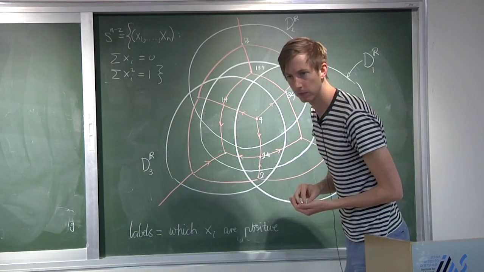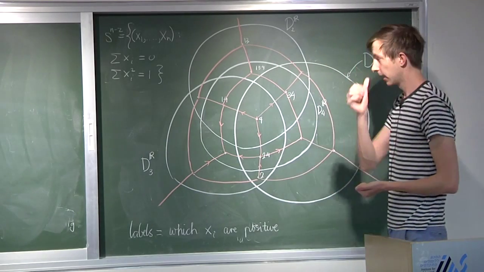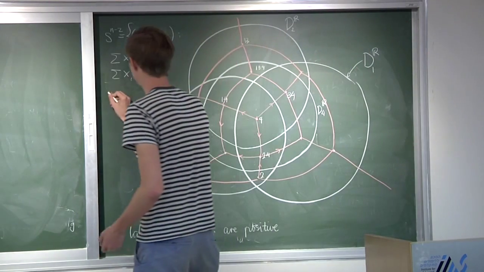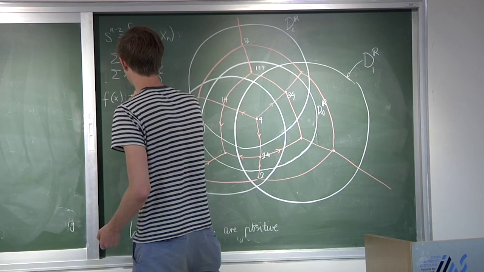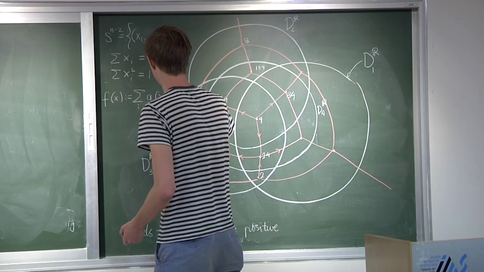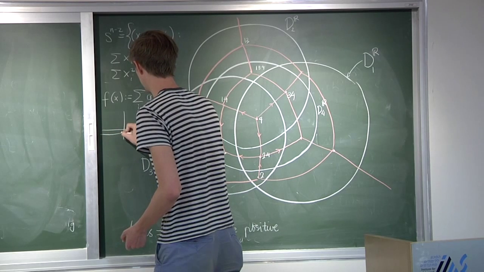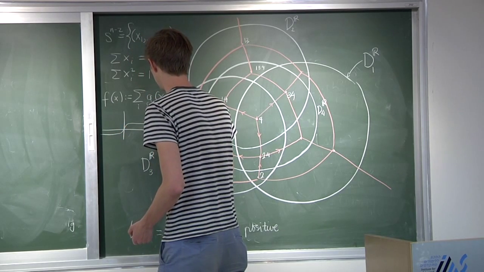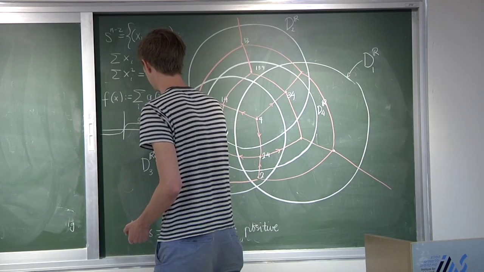Could you please give a short reminder about what the Morse function was? I remember it was a sum of some functions. Yeah, it was the sum. It looked like this.